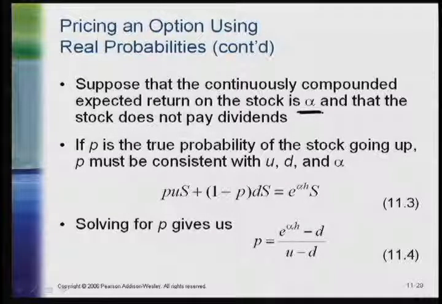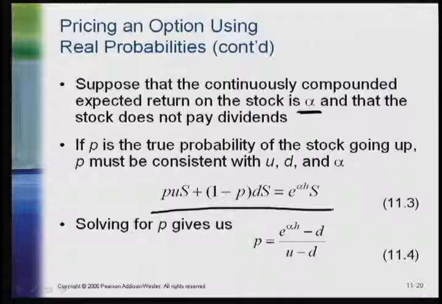If P is the true probability of an up state, then in our binomial model, we would have this equation that says that the expected return is e to the alpha h. Right? If I divide both sides by S, on the left-hand side I get the expected return under P, and on the right-hand side I get e to the alpha h.